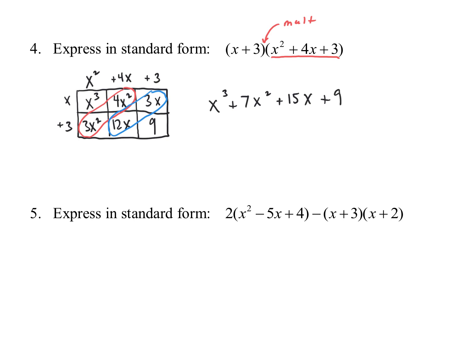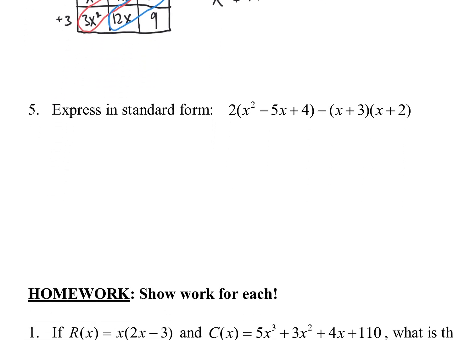All right, and then the last question, again, we're expressing in standard form. We just have a lot going on here. We have a 2 in front, so I am going to be multiplying that, but we have to be really careful with this minus sign. Now, a lot of people think that I should automatically be distributing that negative, but that's actually incorrect.